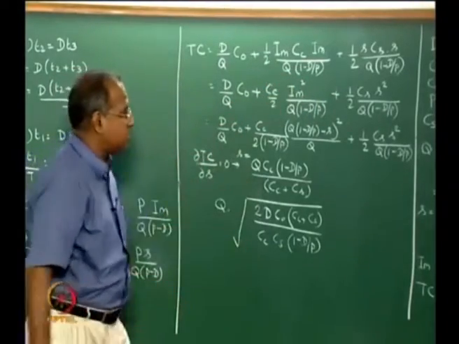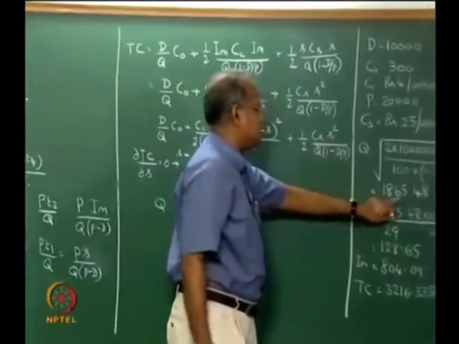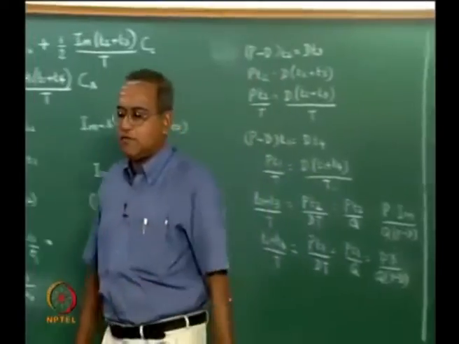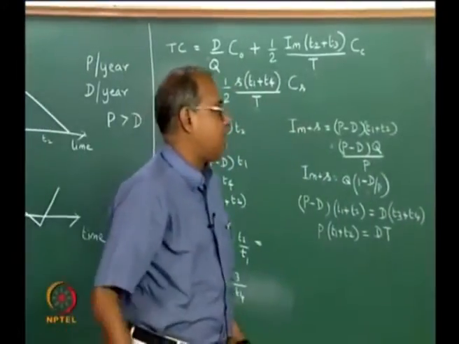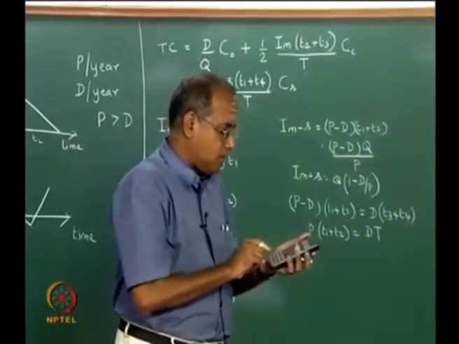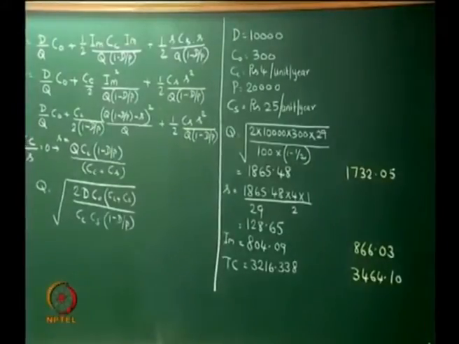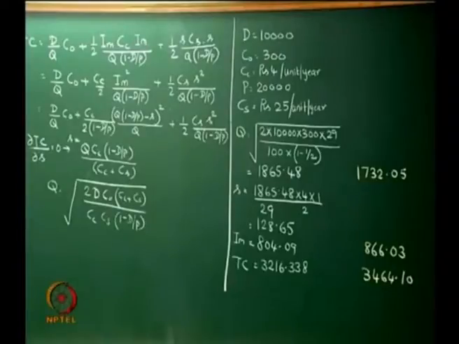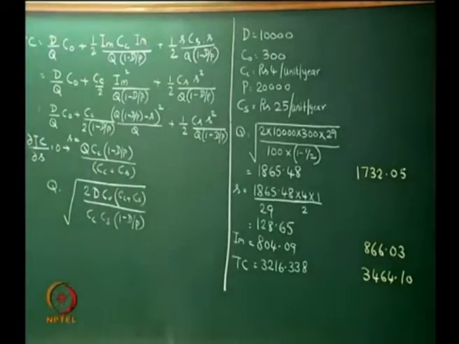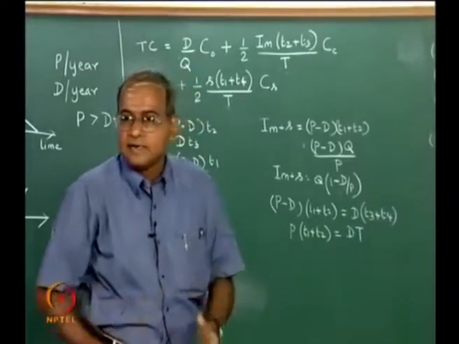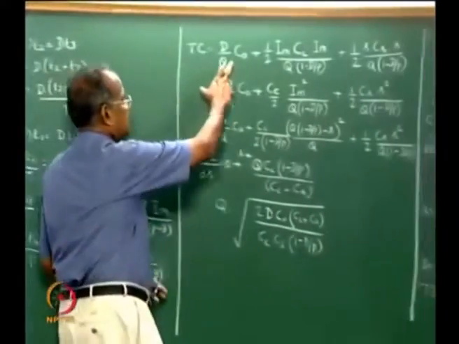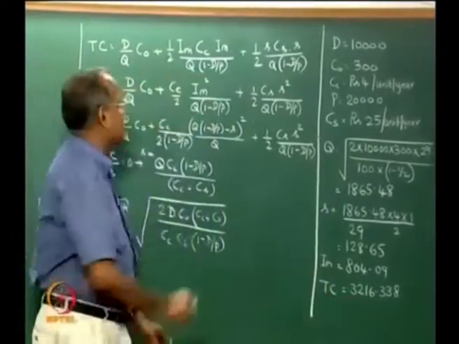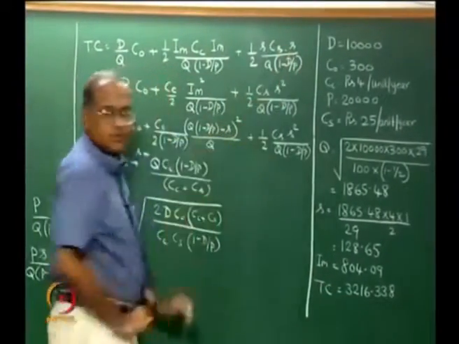For example, we can easily show that when Q is equal to 1865.48, the number of times we produce in a year is D by Q, which is 10,000 divided by 1865.48, which is 5.36, into 300 is 1608. So, this component is 1608, the total is 3216. So, obviously this is equal to this.